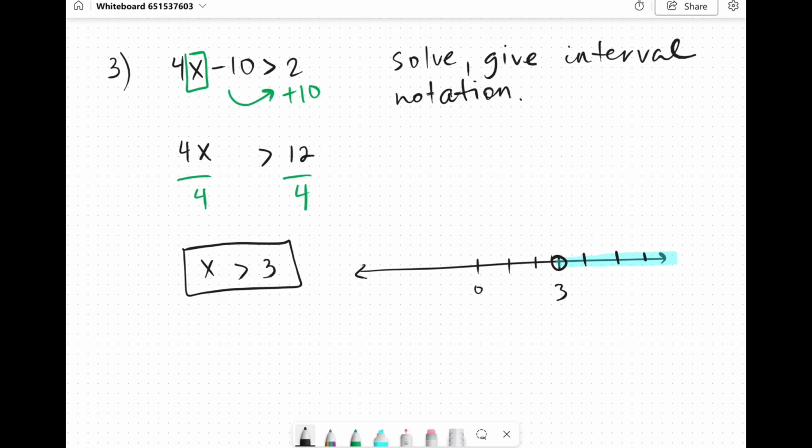Now the interval. My interval, which is my blue part of the number line, begins at 3 and it stops all the way on the right with a positive infinity. Infinities never get brackets, always parentheses. Numbers sometimes get square brackets, only if they have filled circles. Our circle is open, so 3 also gets the parentheses, and this is your interval.